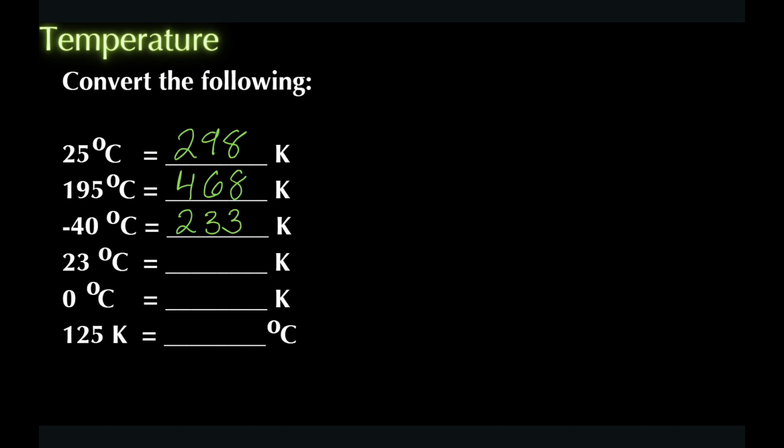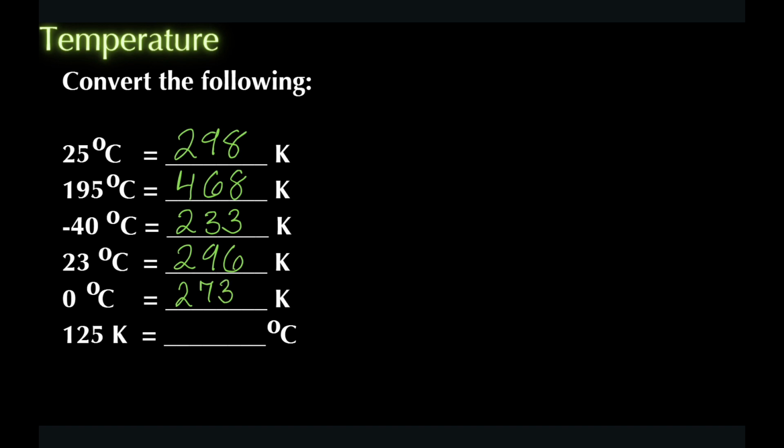Our next one, 23 degrees Celsius. We add in that 273 to get 296. And then our last Celsius to Kelvin, 0 degrees Celsius, adding in the 273 to get Kelvin, it's just 273.